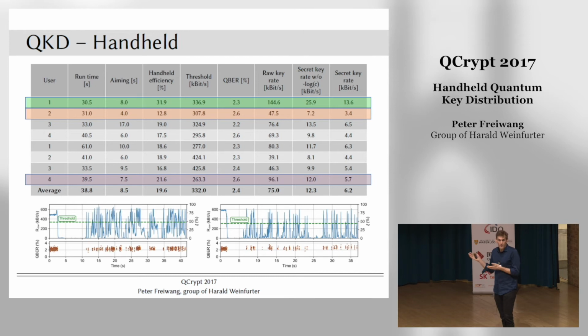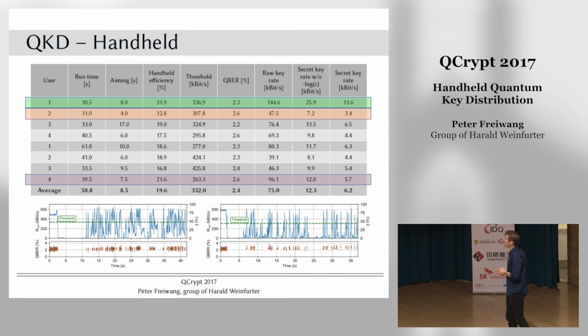On first glance, there's not a big difference, of course. You have some times where the link efficiency is quite good, and if the user is quite nervous or something else, the link efficiency is not as good, but it really depends in the end on the user.